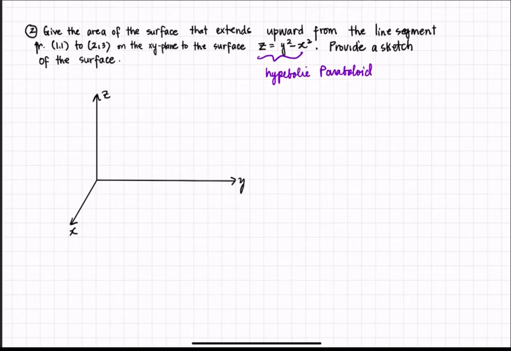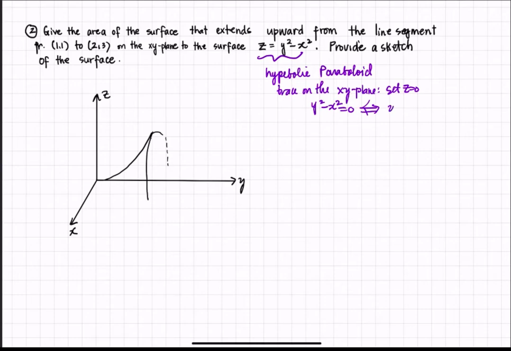So, let us draw. Okay, anong trace niyan sa xy plane? So, isa-set mo si z equal to 0, you get y square minus x square is 0, or y square equal to x square, or x equal to plus minus y. So, these are two intersecting lines na x equal to y tsaka x equal to negative y.